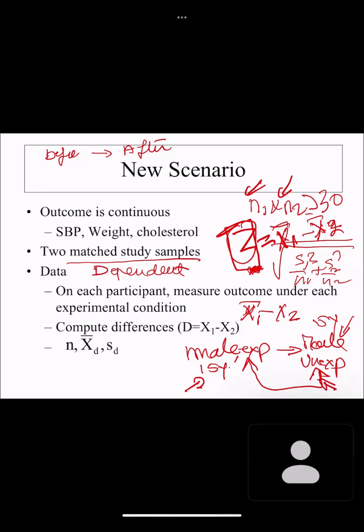I don't average the males separately. I look at the difference and then average the differences. So I compute differences between X1 and X2, before and after, and then I have only one N, one mean of the difference and one standard deviation of the difference.